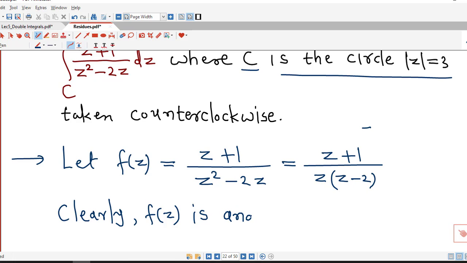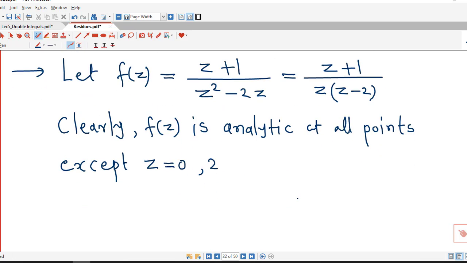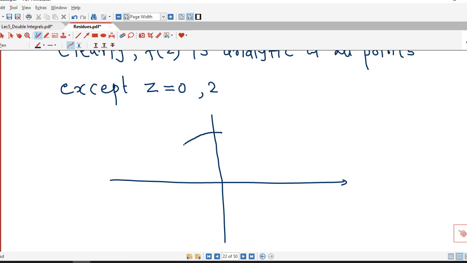So clearly f of z is analytic at all points except z equal to 0 and z equal to 2. And if we consider this circle mod z equal to 3, suppose this is the circle mod z equal to 3.